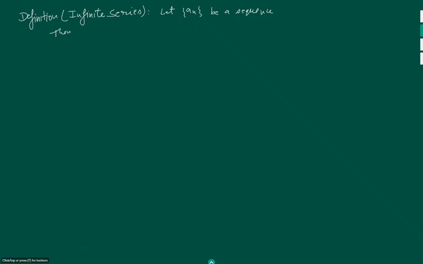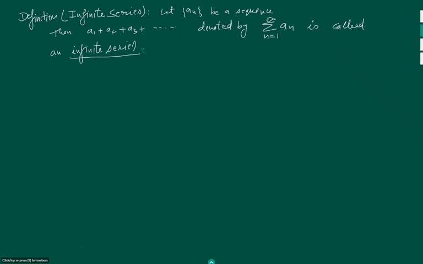Then if you insert a plus sign between the terms of the sequence, a1 plus a2 plus a3 and so on up to infinity, denoted by this symbol, summation of n varies from 1 to infinity, it is called an infinite series. So this is an infinite series.